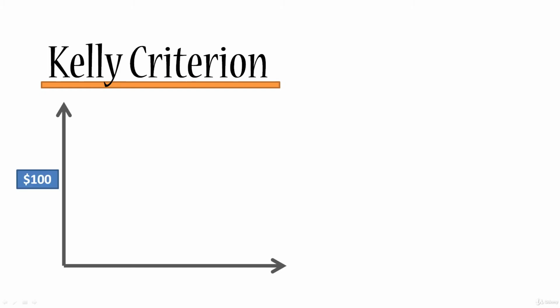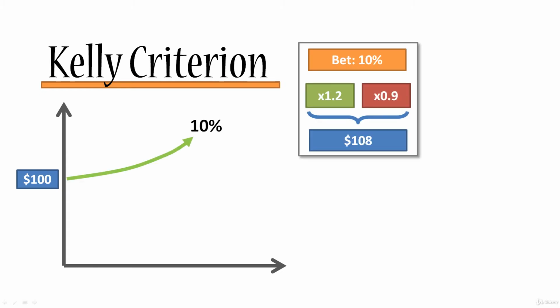So we're starting off with $100, and the first scenario we're going to plot is our 10% scenario. So every time we're going to bet 10% of our balance, and after every pair of heads and tails, we're going to increase our balance slightly. So it'll be $100, then $108, it'll be more and more. So it will go up, which is good.